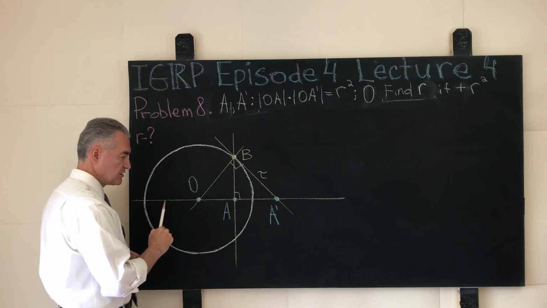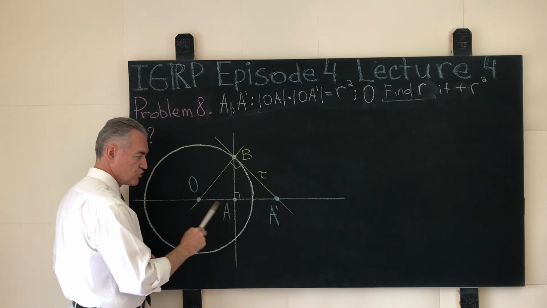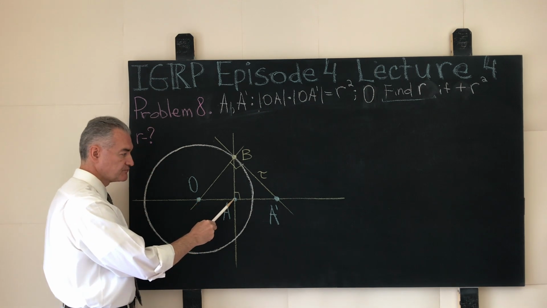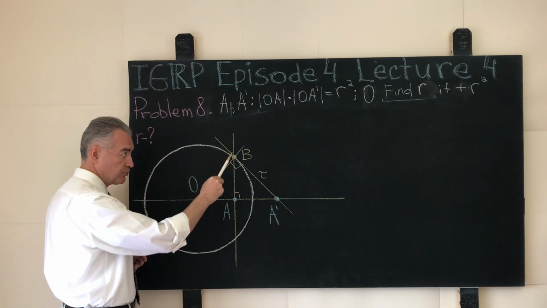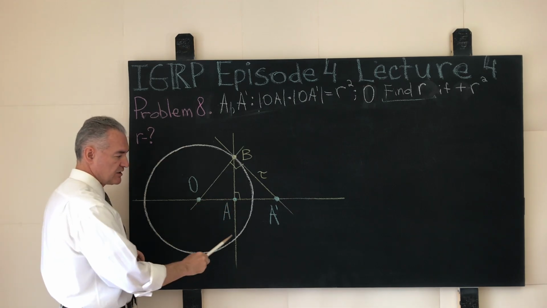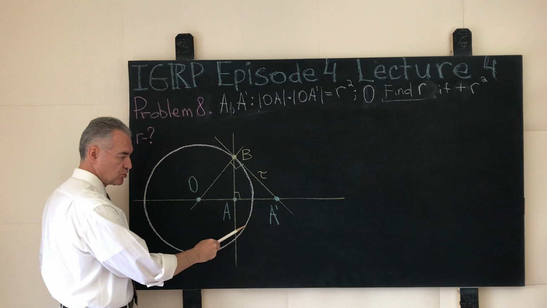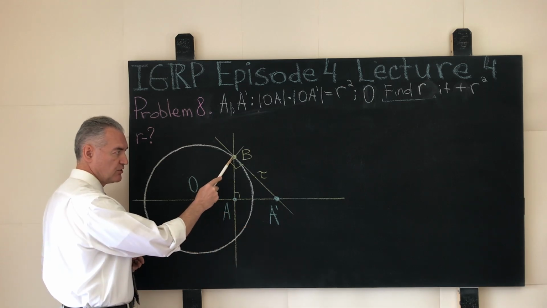Well, first we constructed the straight line through the points O and A, through the center of inversion and the given pre-image point. Then we constructed a line that was perpendicular to the straight line OA. That straight line intersected our circle of inversion at two distinct points, out of which we only need one.